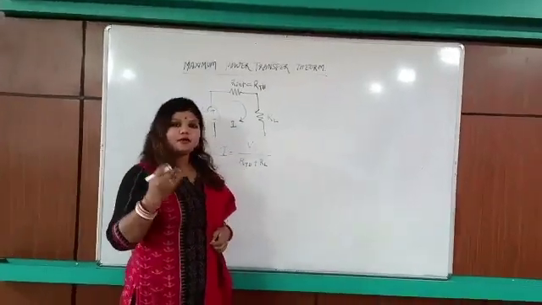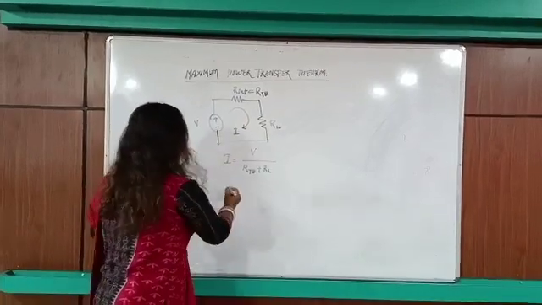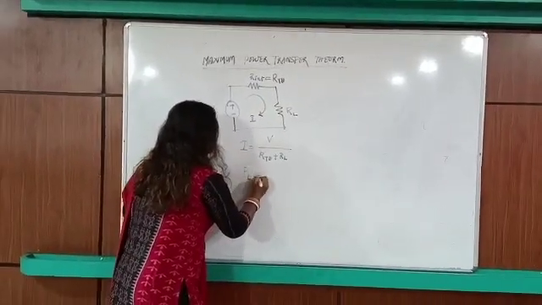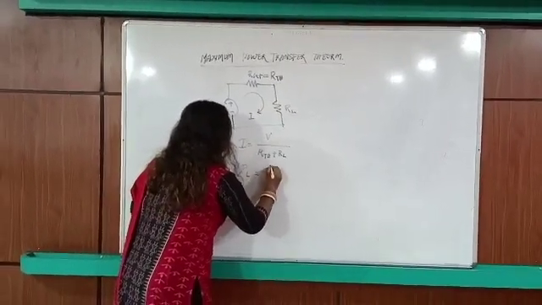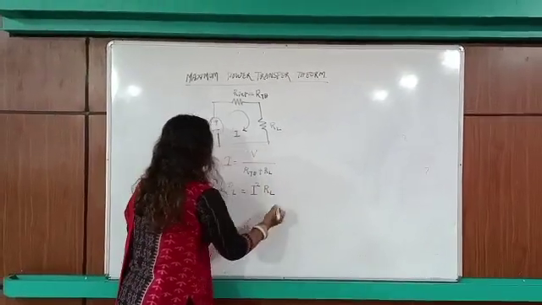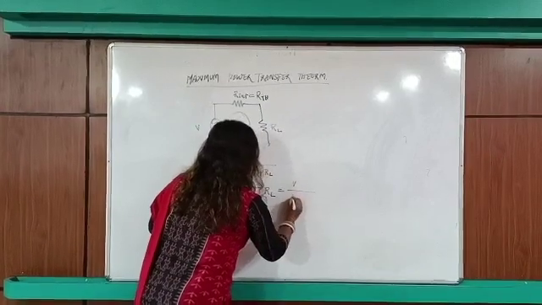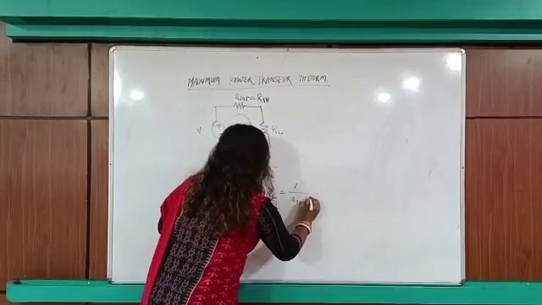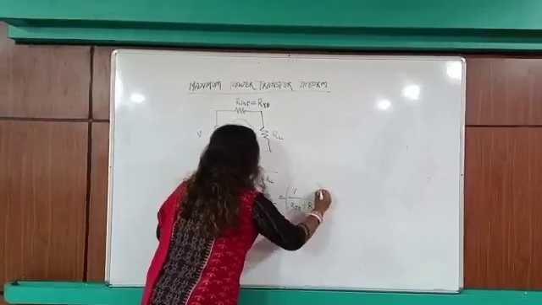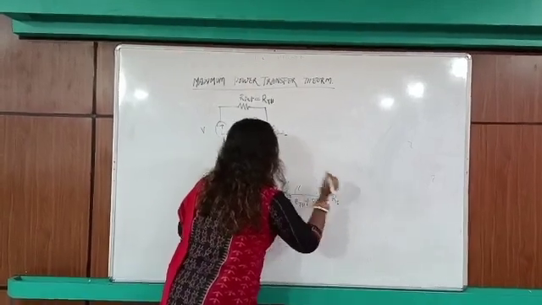The power delivered to the resistive load is PL equals I square into RL, which we may write as V divided by (RTH plus RL) whole square into RL.